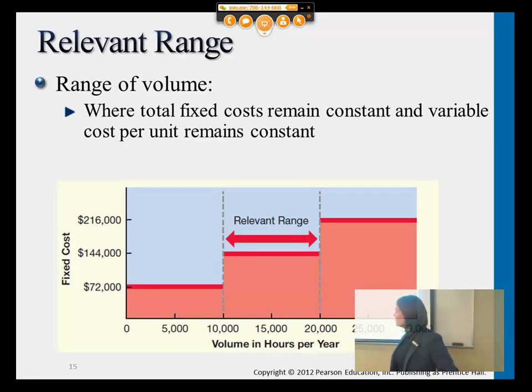So do you see how from 0 to 10,000 volume in hours per year, my fixed cost is only going to be 72,000, right? But once I bump it up from 10,000 to 20,000, my cost goes up as well. Okay, so once you calculate the variable cost and the fixed cost, it's not necessarily applying to every volume of production or of activity. You have to know the relevant range. All right?